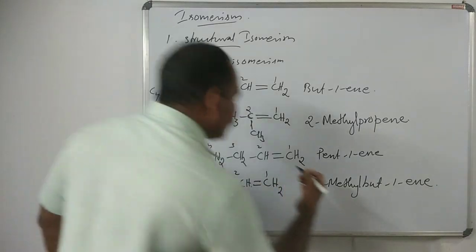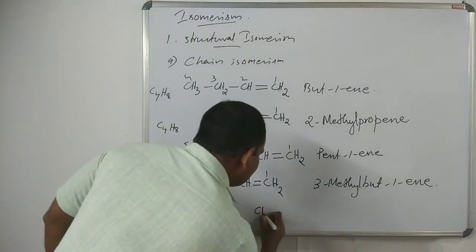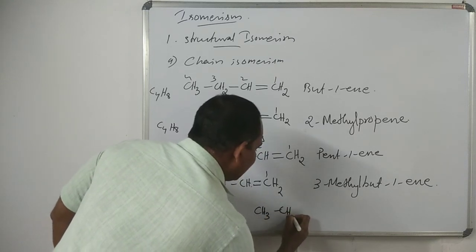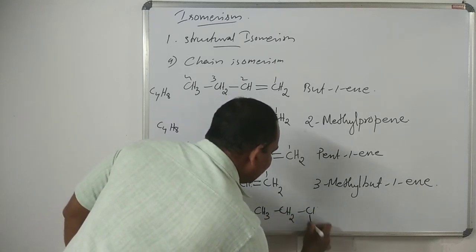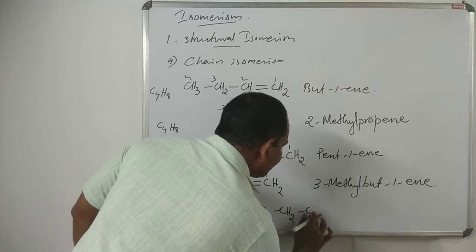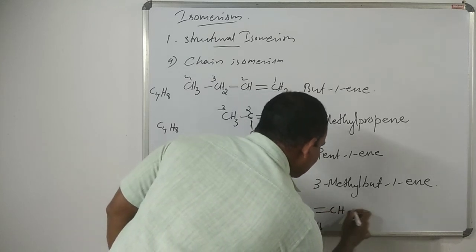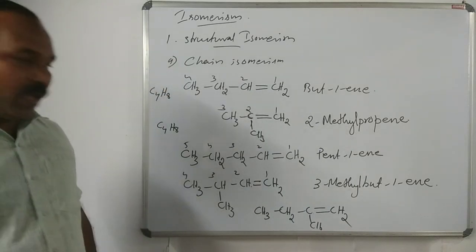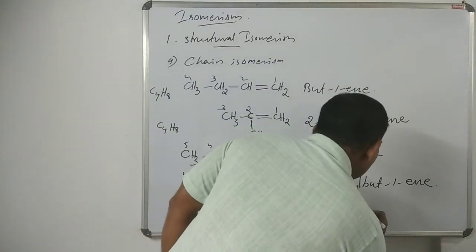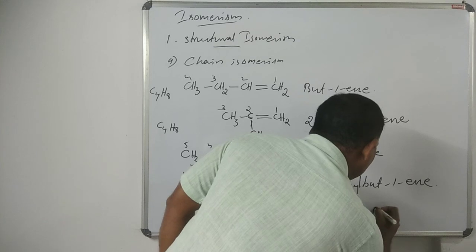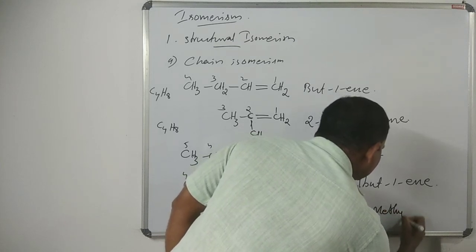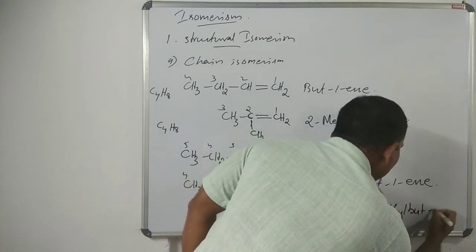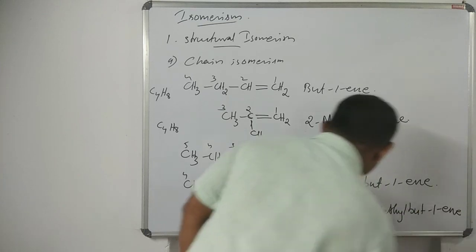Okay, CH3, CH2, CH3 double bond CH2. Okay, and the name is 2-methylbut-1-ene.